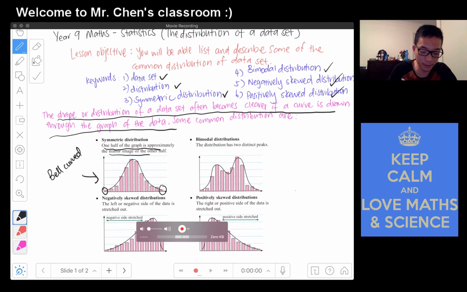Obviously you will have people who are 200 centimeters, and on the left hand side you have people who are shorter, maybe 140 centimeters. But they are kind of rare, so that's why the frequency is a lot lower.